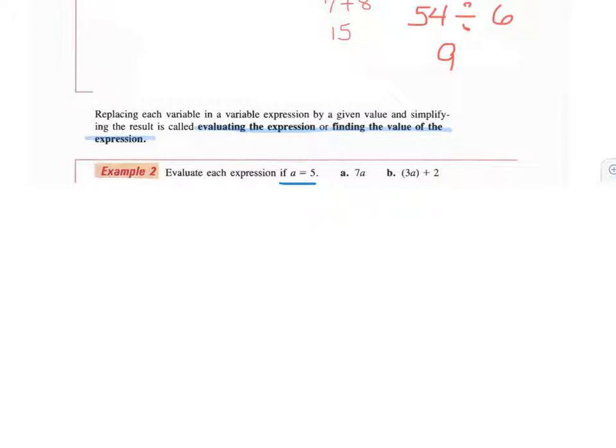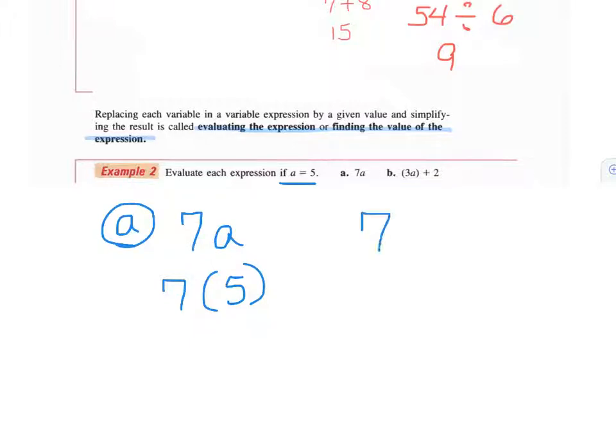So I'm now going to take my first example, part A here, 7 times A. Remember, side by side, a number next to a letter, that means to multiply. So 7 times A, and I replace A with the 5, and I'm going to put it in parentheses, because if I put it like this, I might think the number is 75.